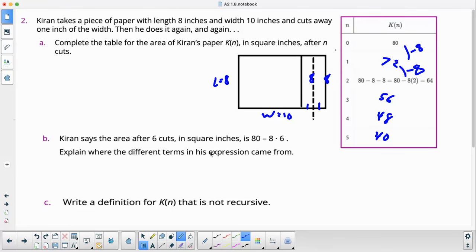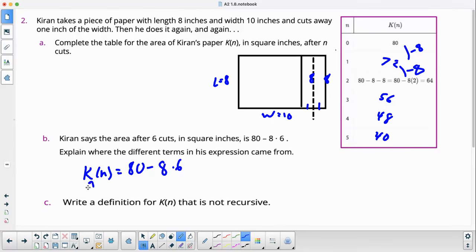So Kieran says after 6 cuts, the square inches is 80 minus 8 times 6. Explain where the different terms in his expression come from. Okay, so K of n equals 80 minus 8 times 6.